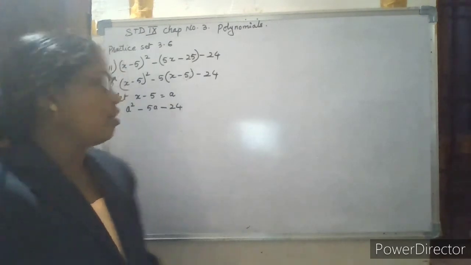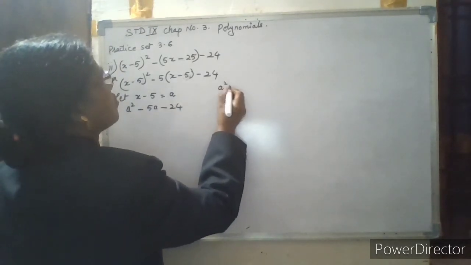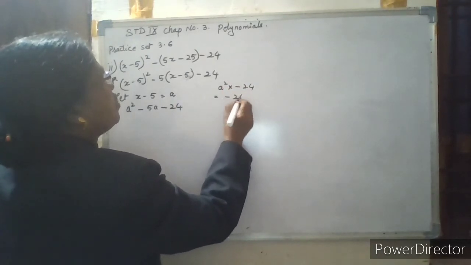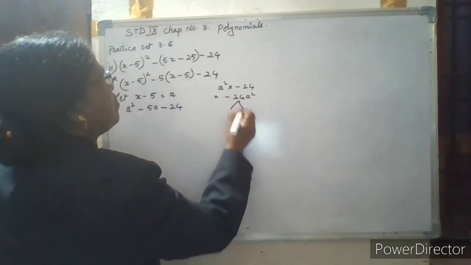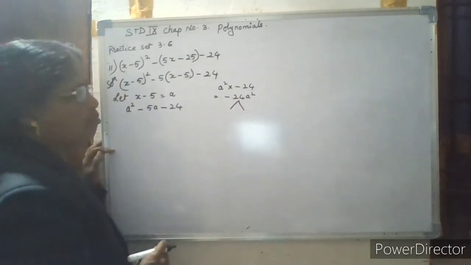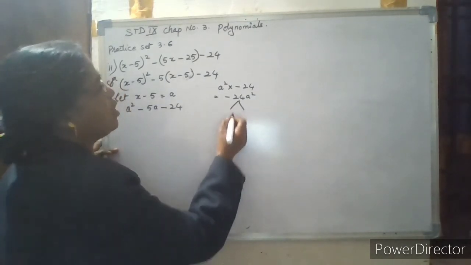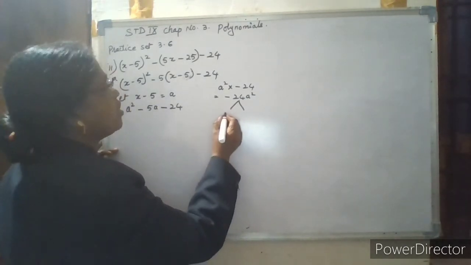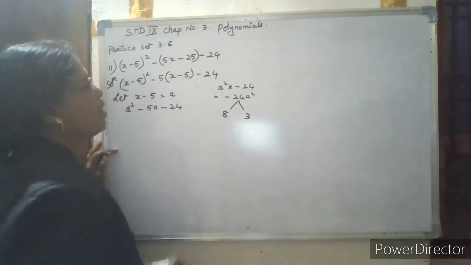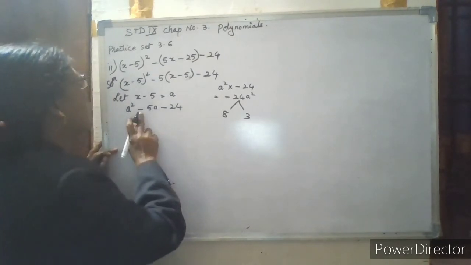Now we can split this, taking the product of the first term and the last term, that is minus 24a squared, which must be split in such a way that we get minus 5a as the middle term, so add or subtract. Here 3 eights are 24, and 8 minus 3 you will get 5. So the sign of the greater number is the middle term's sign, which is minus.